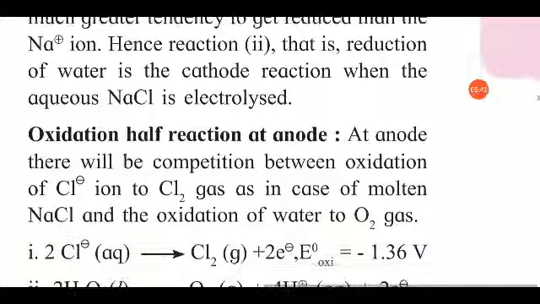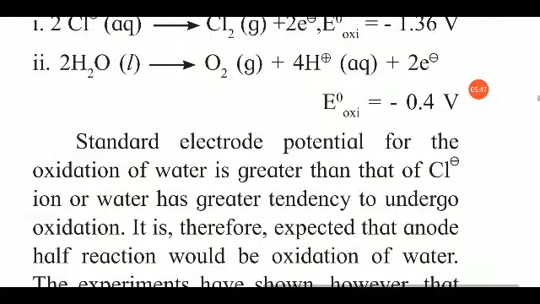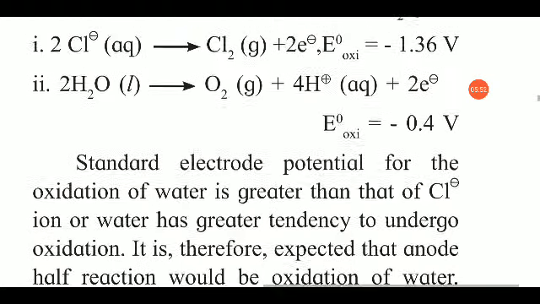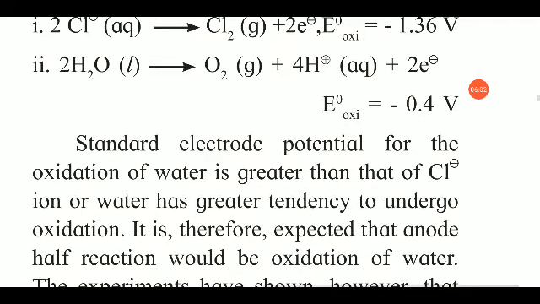Now students, this is the standard electrode potential for the oxidation of water, and it is greater than that of the Cl minus ions. If you look at the EMF of both these reactions, you will notice that the standard electrode potential for the oxidation of water is greater than that of the Cl minus ion, or we can say water has the greater tendency to undergo oxidation.